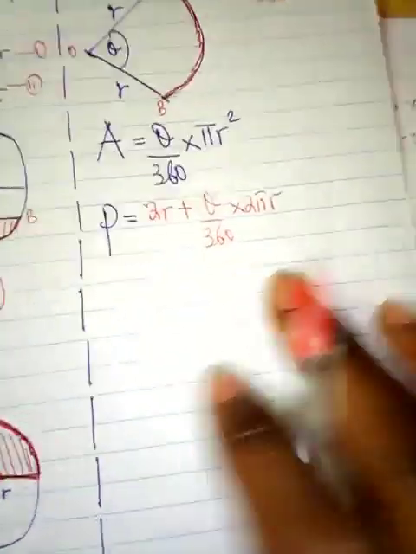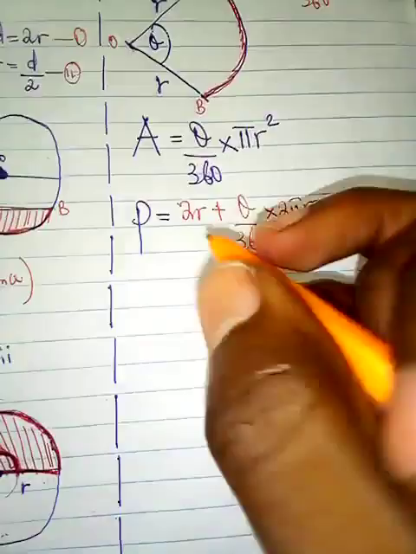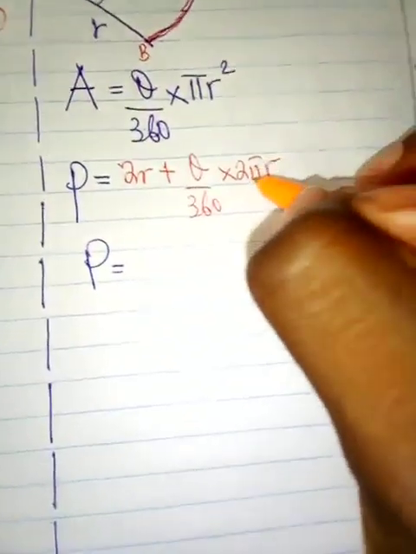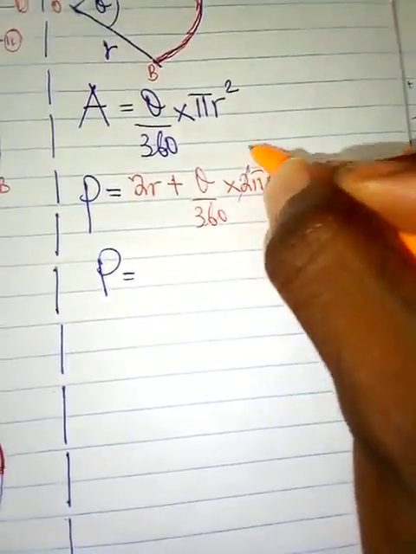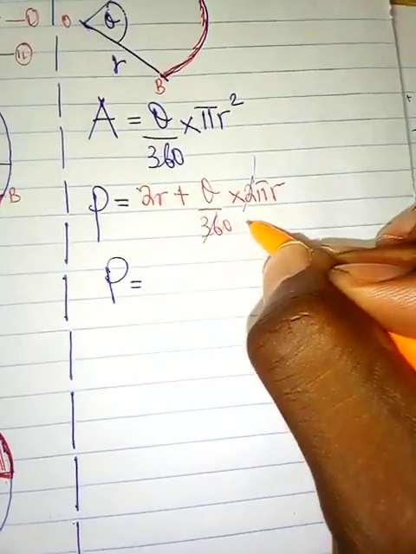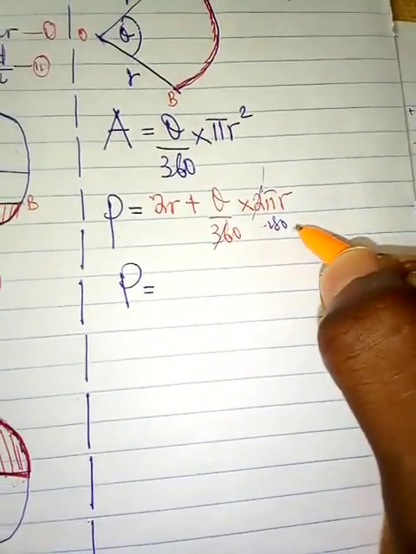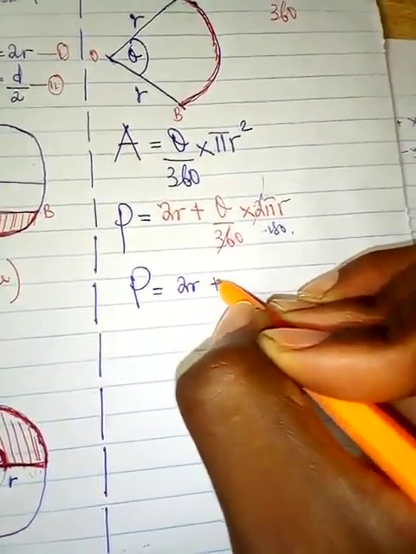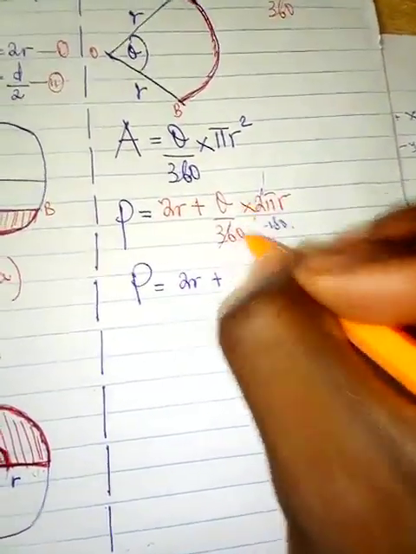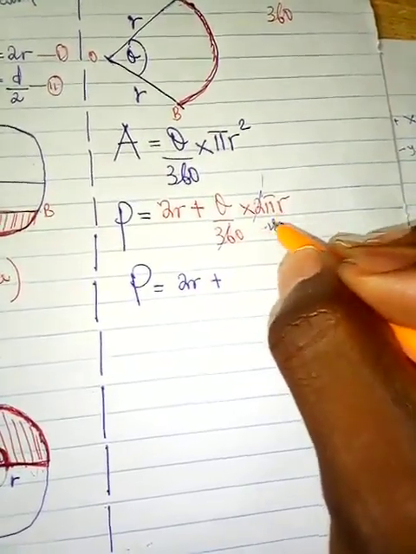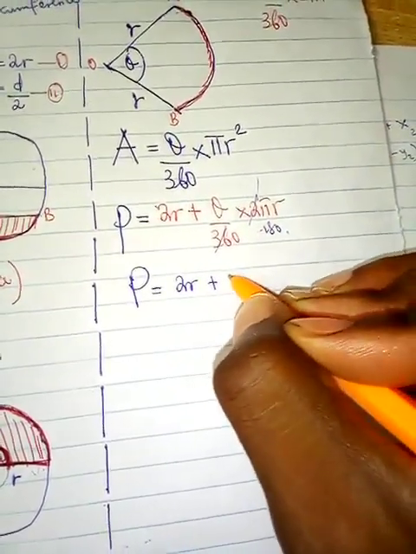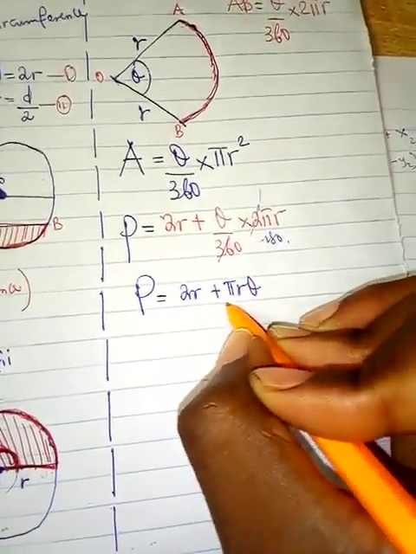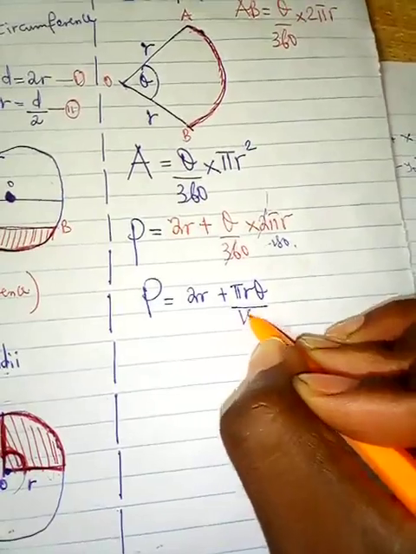You can leave it in that way, or you can simplify it further. How? 2 into 360 is just going to be 180. So what you're going to have here will be 2r plus, if we multiply directly, pi r theta over 180.